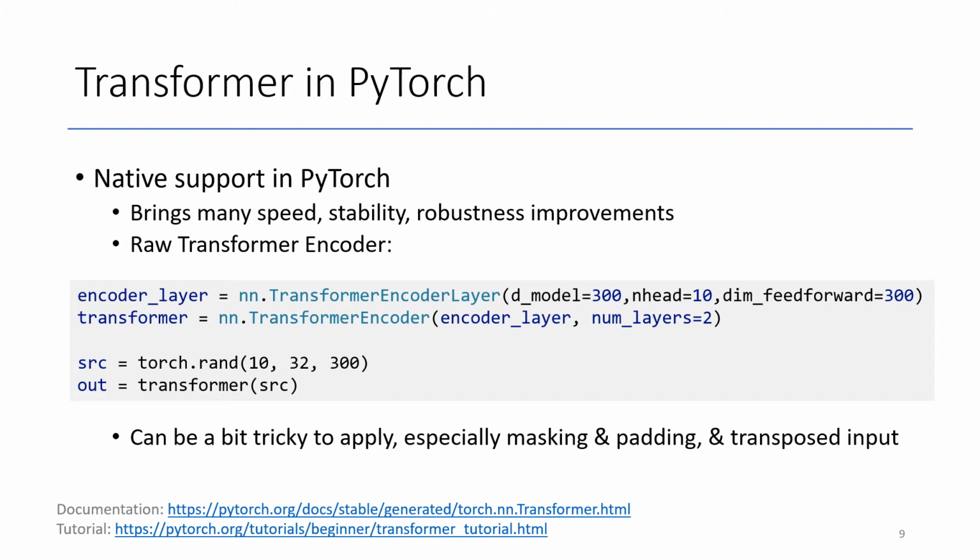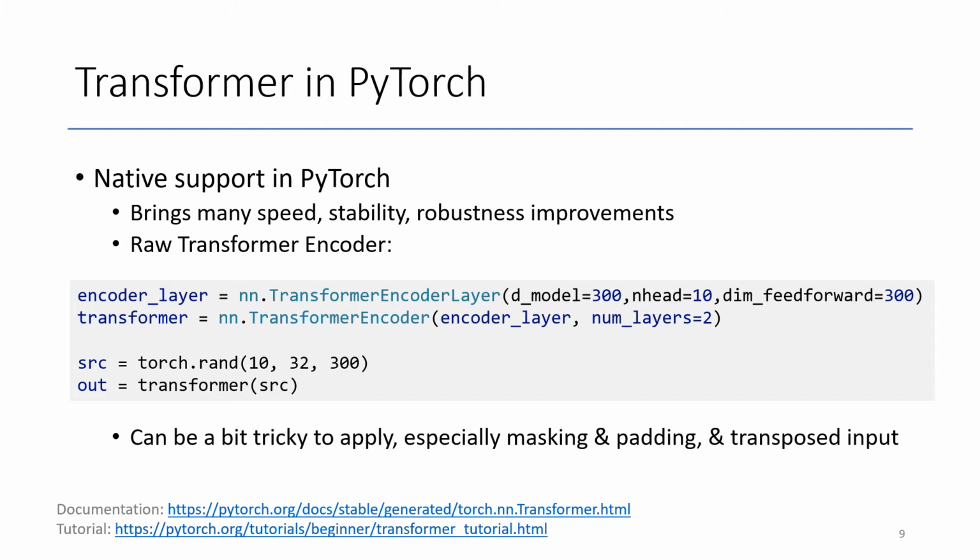And now with that transformer module, you can run for example a random input sequence with a batch size, sequence length, and vector size as dimensionality through your transformers. And those native supports are awesome because they bring a lot of speed and stability improvements. And of course, they are highly tested by a lot of people.